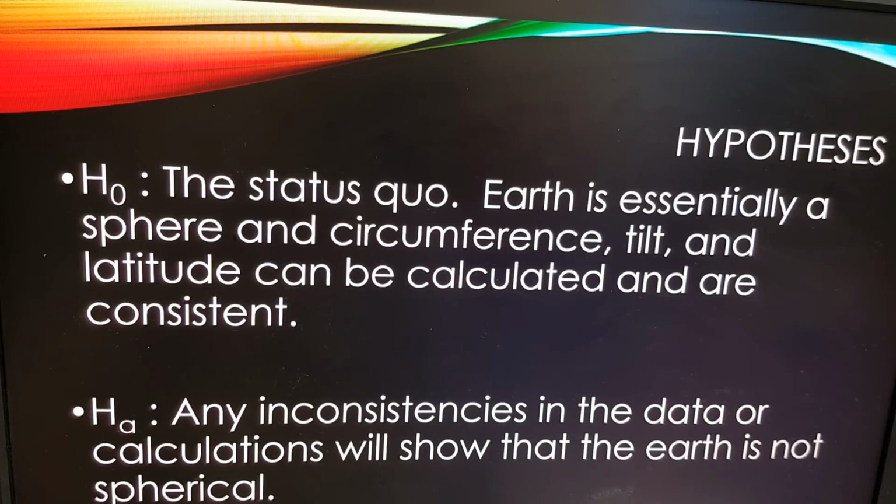Circumference, tilt, latitude can be calculated, and they are consistent with each other. The alternate hypothesis, often called H sub A, is that any inconsistencies in the data or the calculations will show that the Earth is not spherical.